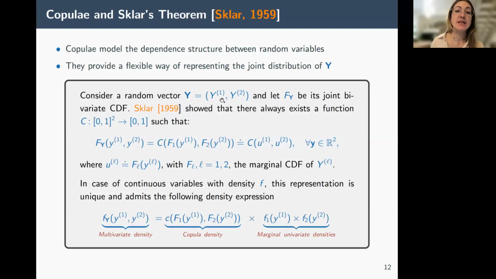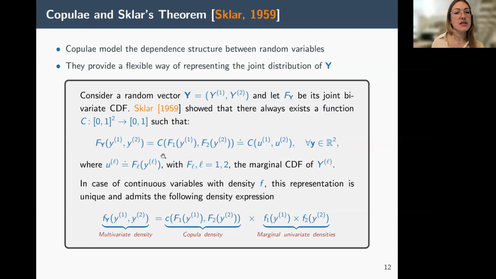In this case it's a 2-dimensional function, but in general, for a d-dimensional vector, it is a d-dimensional function, which goes from the space [0,1] to the power of the dimension to [0,1].